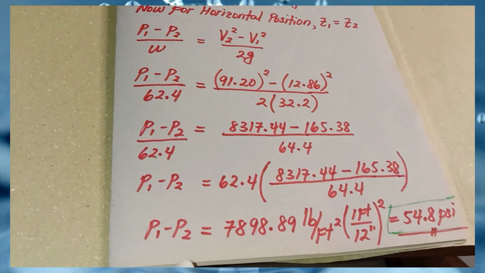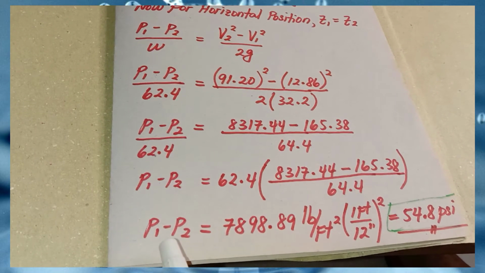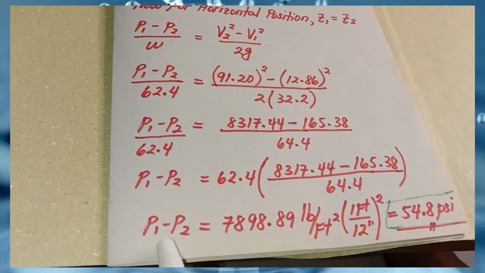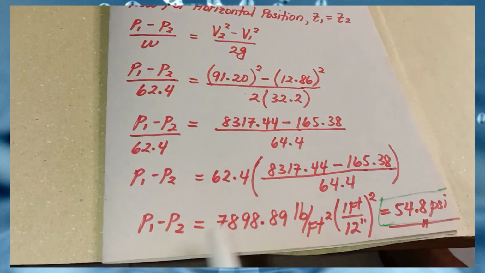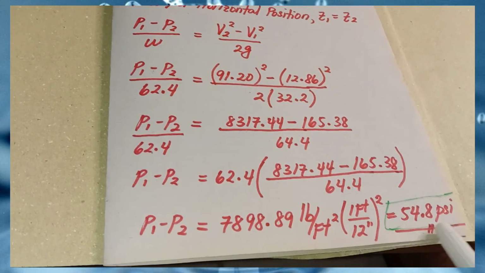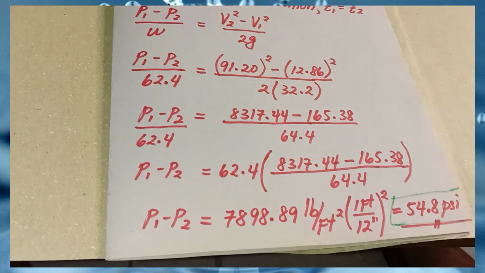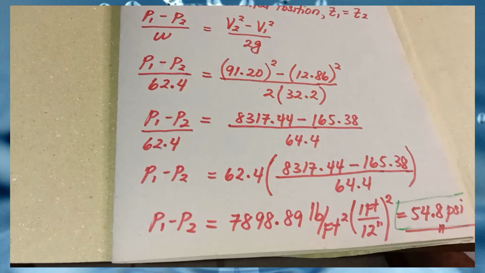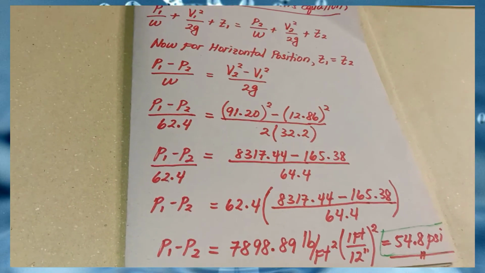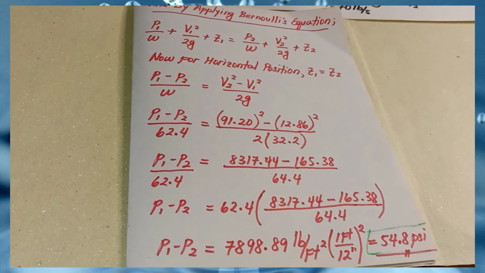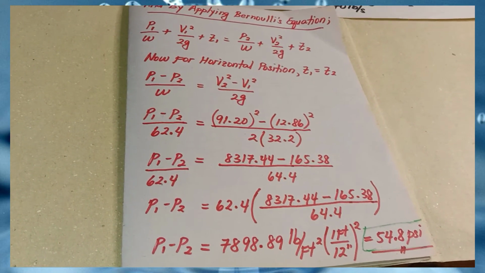This is the difference between the pipe and the venturi throat static pressure. P1 minus P2 is equal to 54.8 psi. Okay? So sometimes this will be applicable in engineering, especially for civil and mechanical in construction.